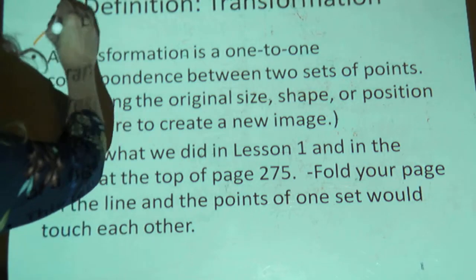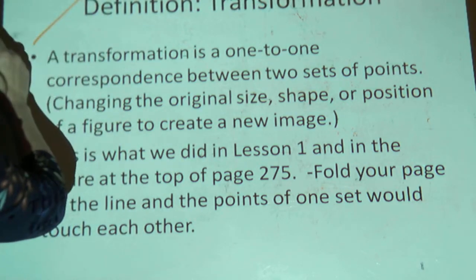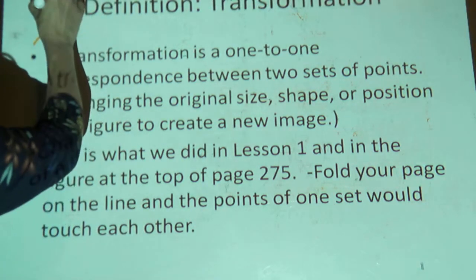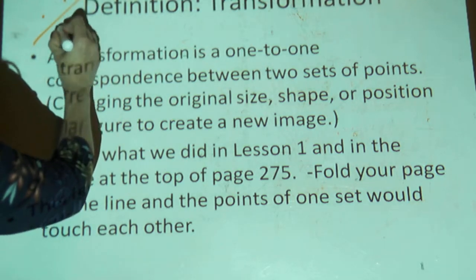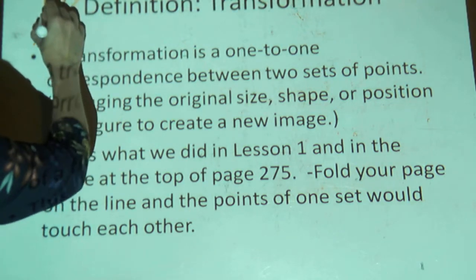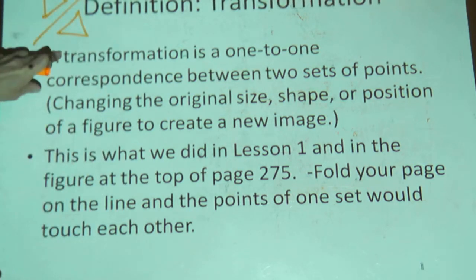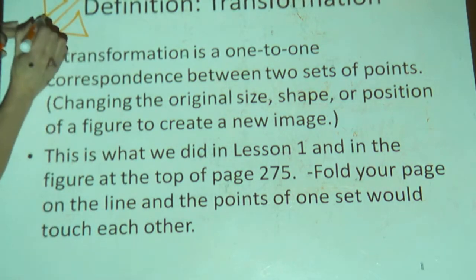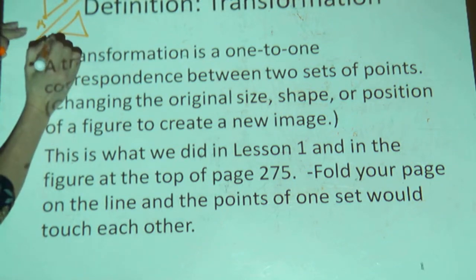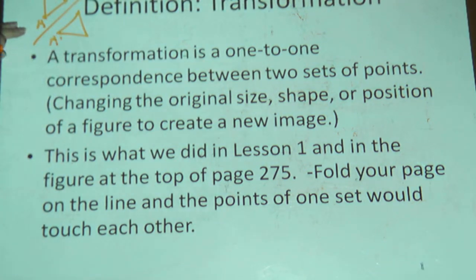So when we had our line and we had a point here, a point here, and a point here, it corresponded to these 3 points here. This A lined up to A prime.